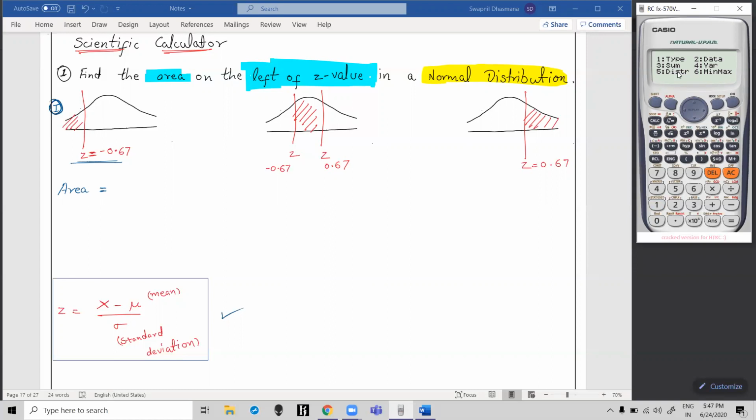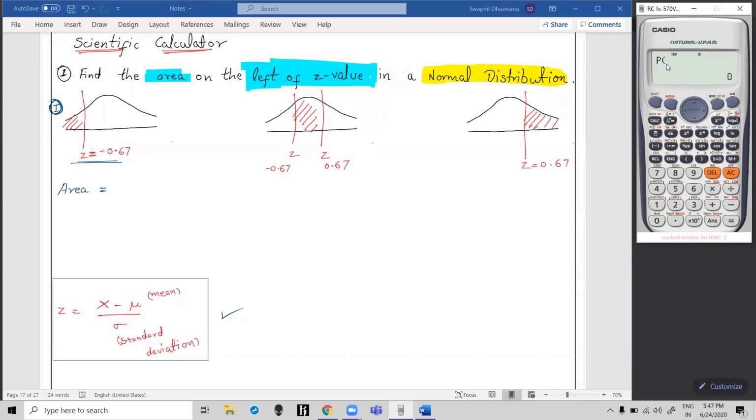Out of these, I'll go for distribution because I am in normal distribution, so 5. Now there is 1, 2, 3. P is used to find the area on the left, Q is used to find the area in the center, 0 to something, and R is used to find the area to the right. But we'll just stick with 1, P. So let's just use 1.